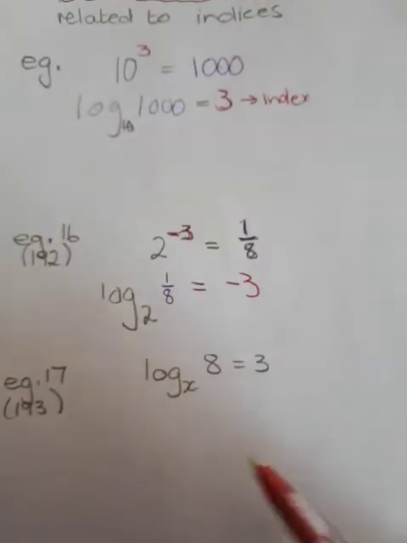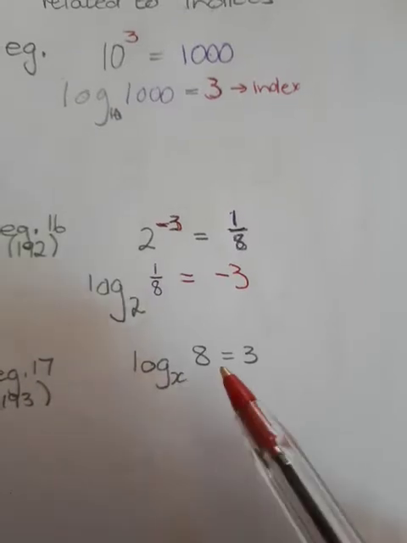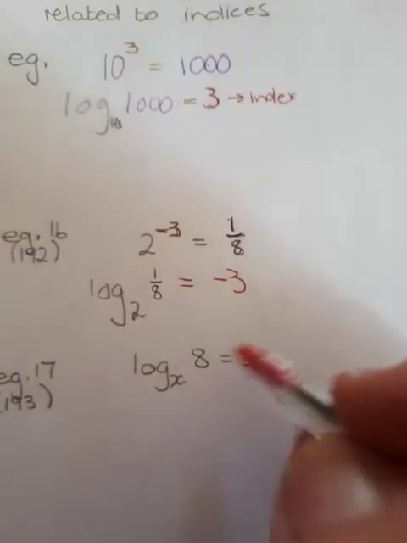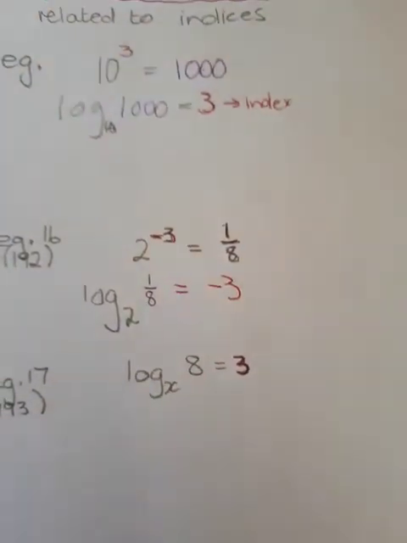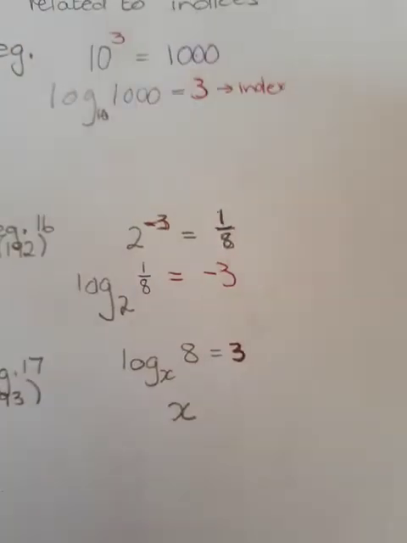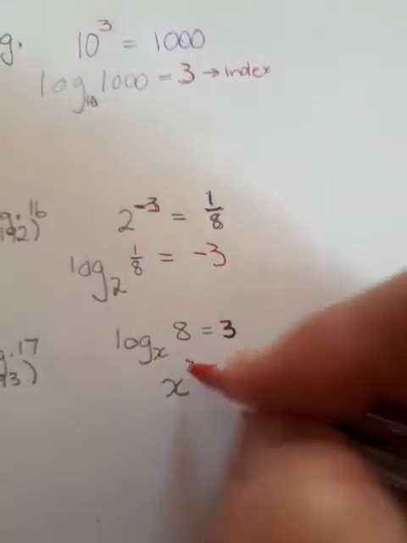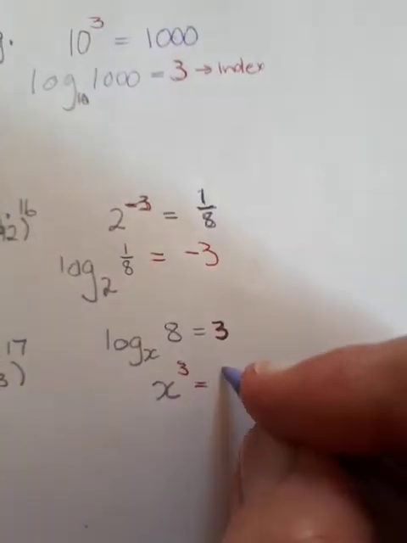Or another example, if you would now want to write this in index format, then again, remember this is your index, so that would become base x to the power of 3 equals 8.